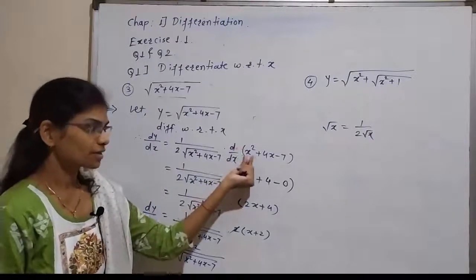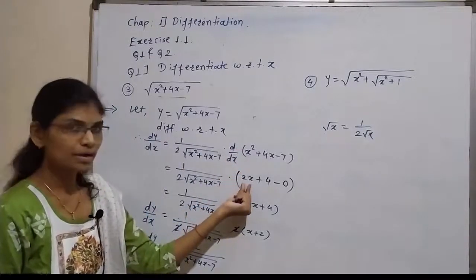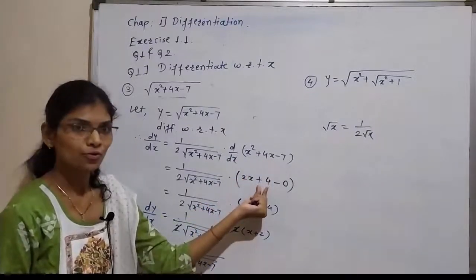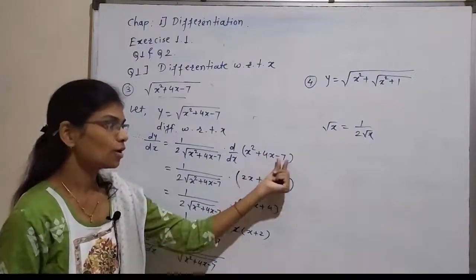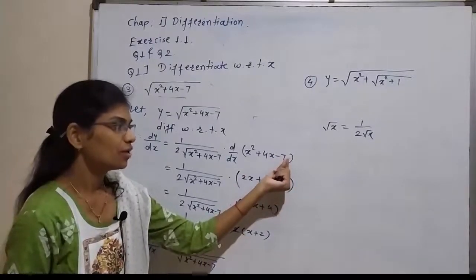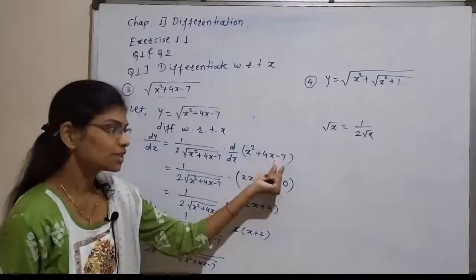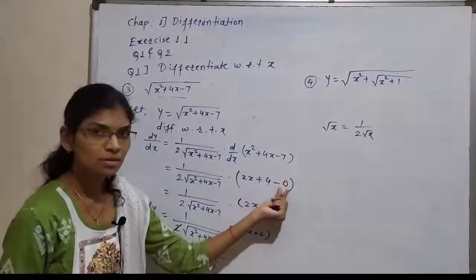So the derivative for x square is 2x. The derivative for 4x is plus 4 as it is. For minus 7, the variable is absent and only a constant term is present, so its derivative is 0.